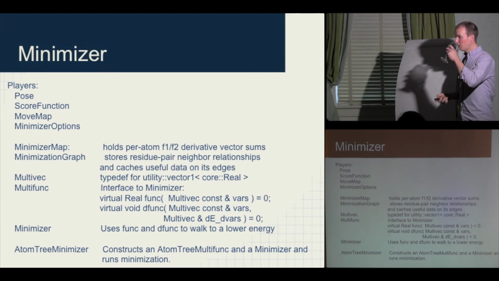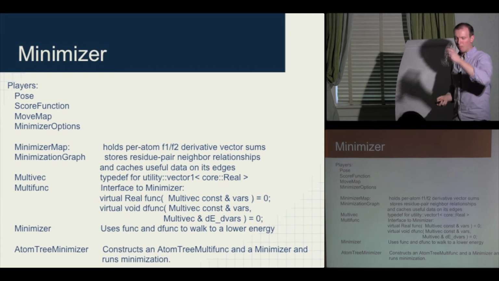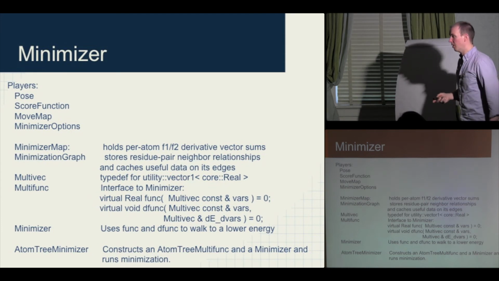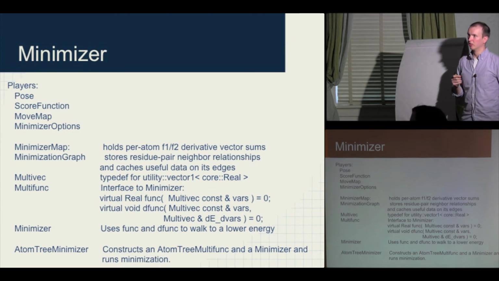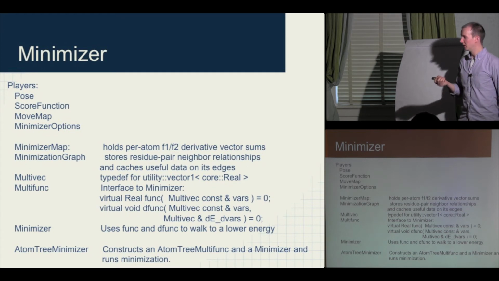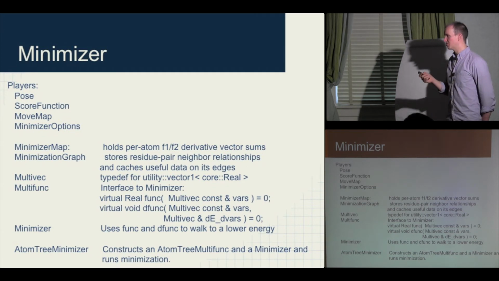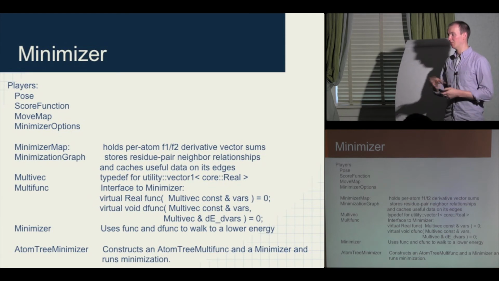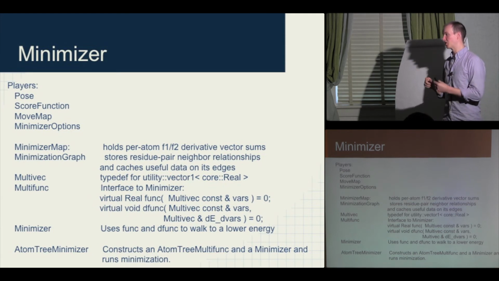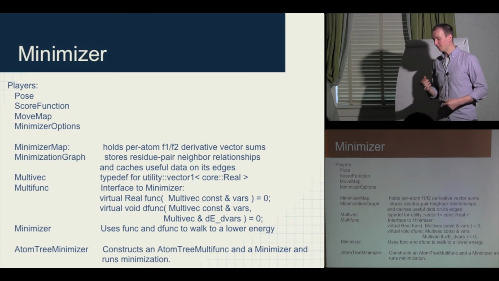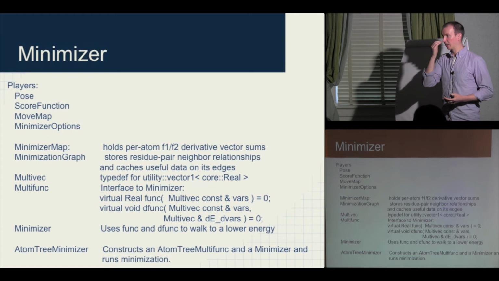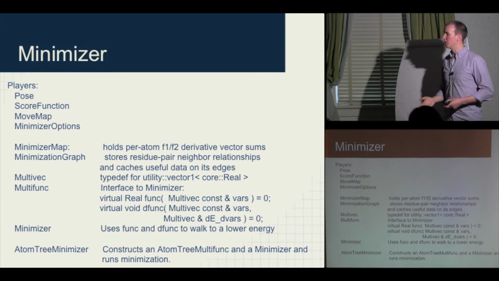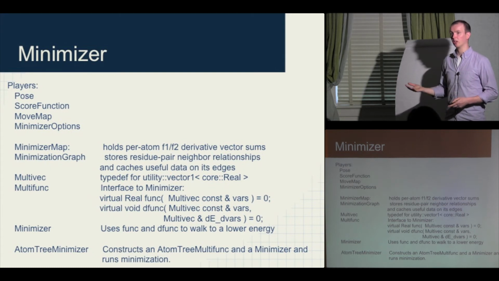What's the difference between the Cartesian minimizer and the internal coordinate one in terms of performance? The Cartesian minimizer, I believe, gets lower energies. It's not easy to do an apples-to-apples comparison because you now need a term that penalizes bond stretching and bond vibration. It's, I'm going to say, an order of magnitude slower, but I don't know exactly what that number should be.